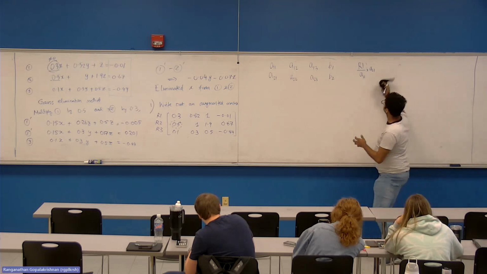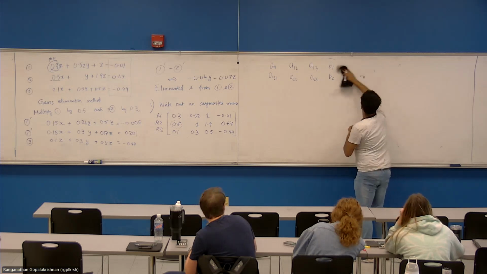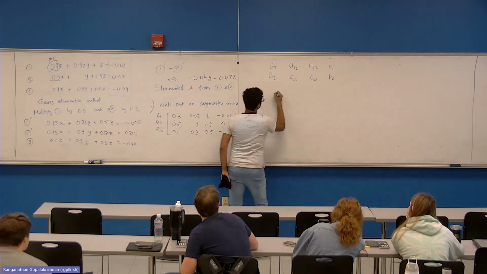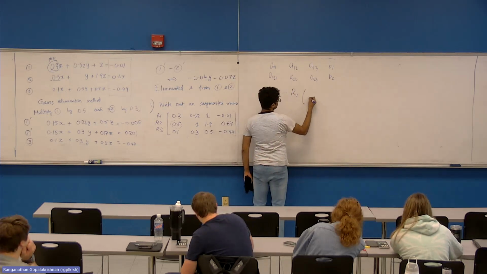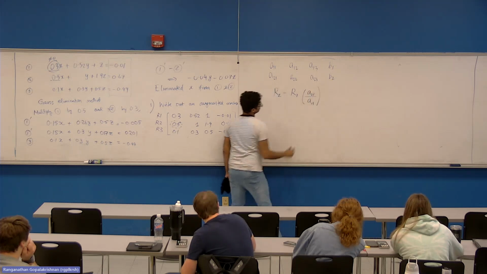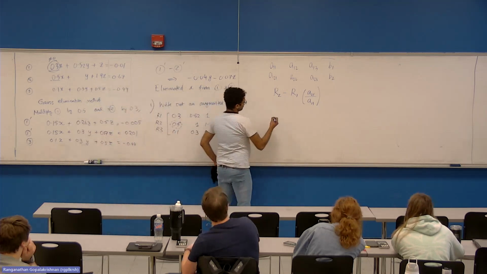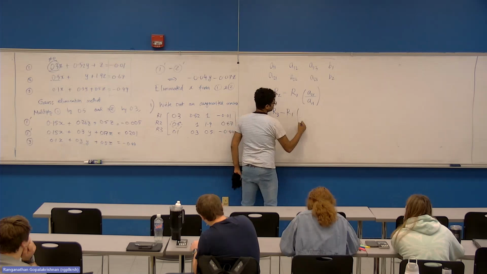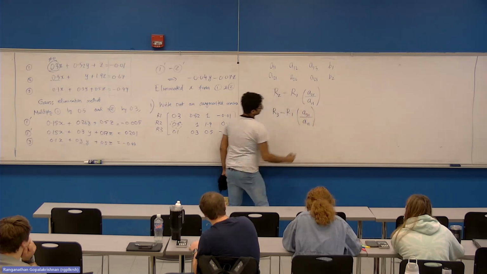So I do row 2 minus row 1 divided by A11 multiplied by A21. Similarly, while I'm at it, I can also do R3 minus R1 divided by A11 and multiplied by A31.